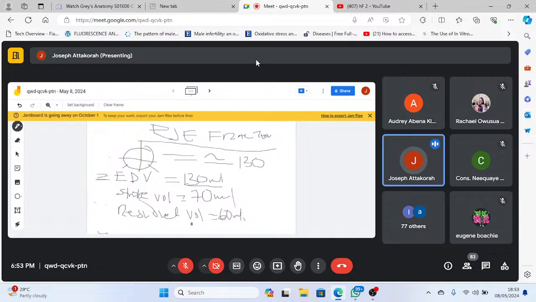That residual volume can also be called end systolic volume. Please, is it clear?